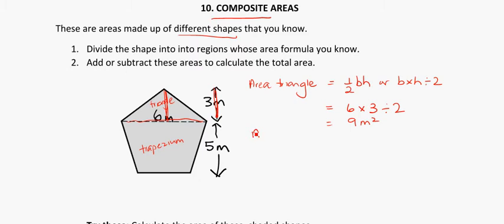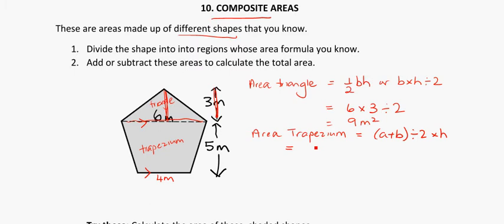Now let's find the area of the trapezium. So the trapezium, if you remember, you add the parallel sides together, you divide them by 2 and then multiply by the height. So let's have a look. Parallel sides, here's our parallel side, and so we need to put a number on that, and also it's 4 meters.